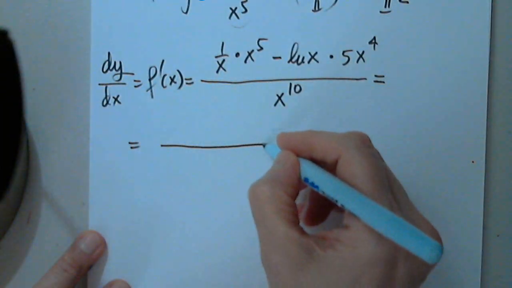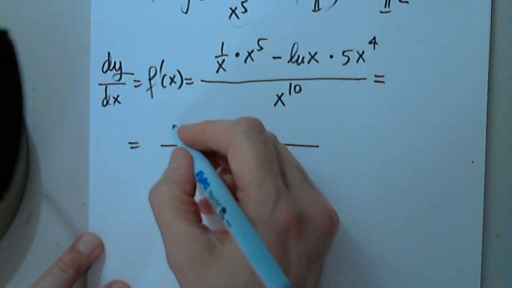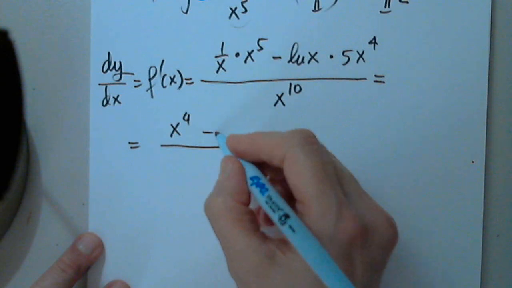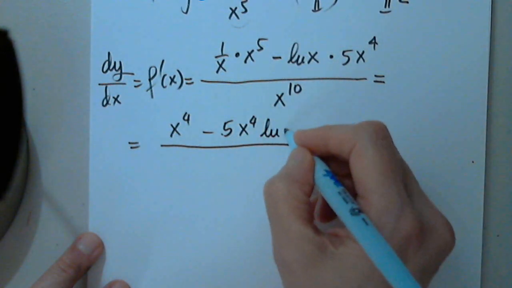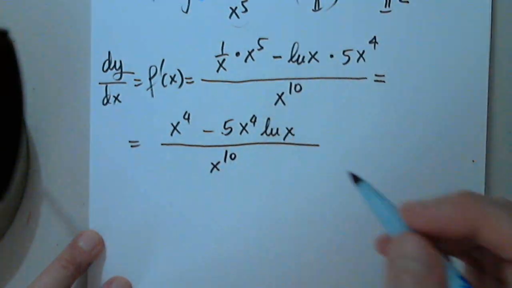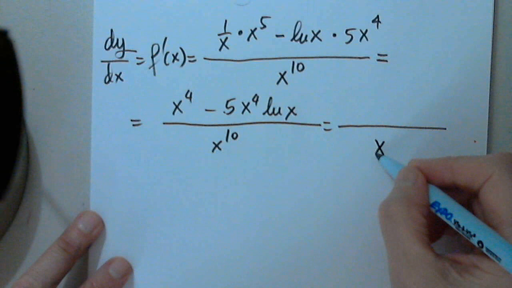Yes, I want to clean it up. What will I factor out in the numerator? Well, let's simplify this here. So this is x to the 4th first of all, minus 5x to the 4th natural log x, over x to the 10th. Can you please tell me what you will factor out in the numerator?